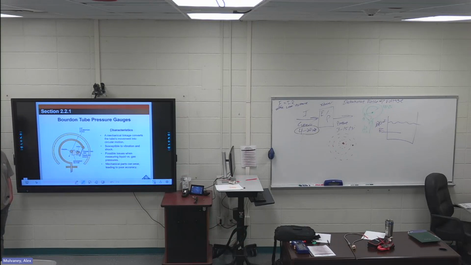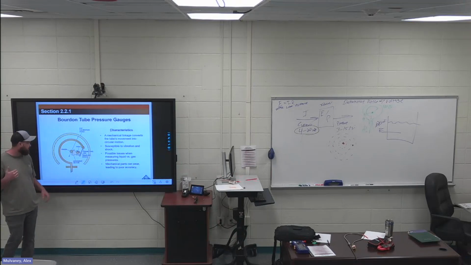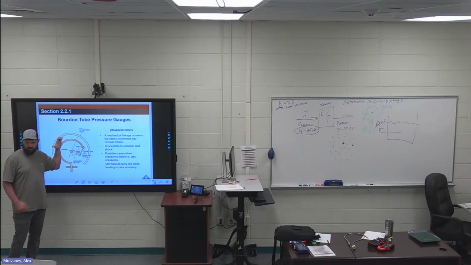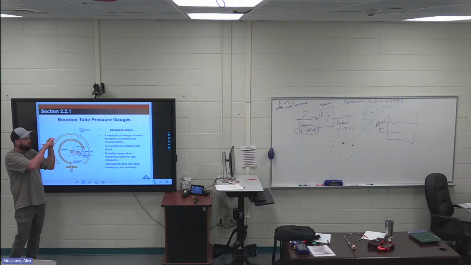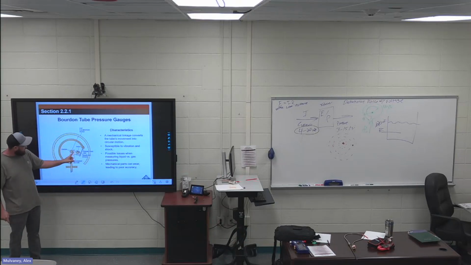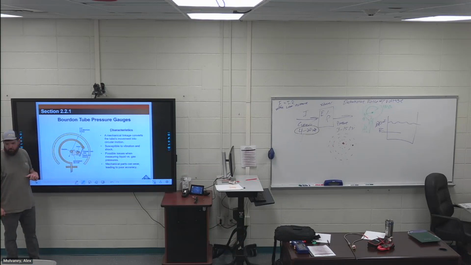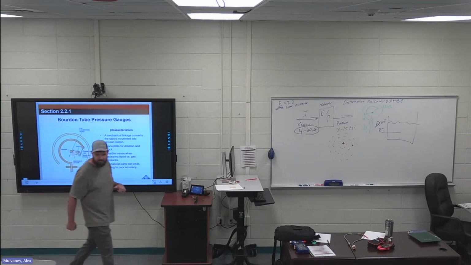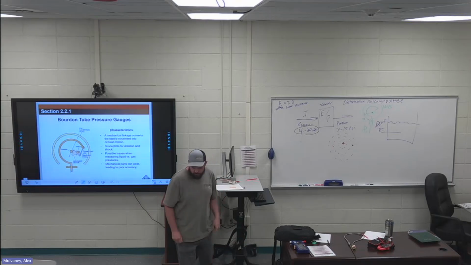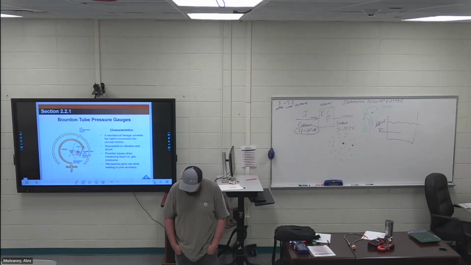Most people are putting 30, and I drive a heavy duty truck, so I put 70 to 80 pounds in my tires, but that's still low pressure. So you can use a thinner walled tubing, which is going to be cheaper. But like I said, as pressure pushes into this, it wants to go straight. The more pressure I push in, the more this thing wants to straighten out. So this moves, changes this gearing, and the needle will change. Pressure gauge, right? Everybody go with that? That's a Bourdon pressure tube inside of a pressure gauge.